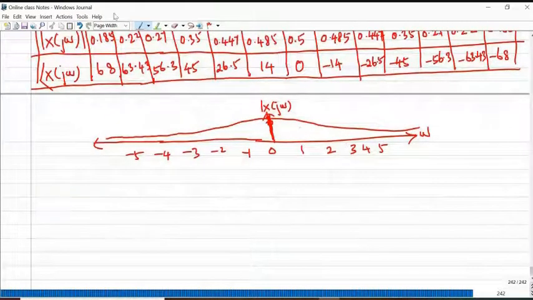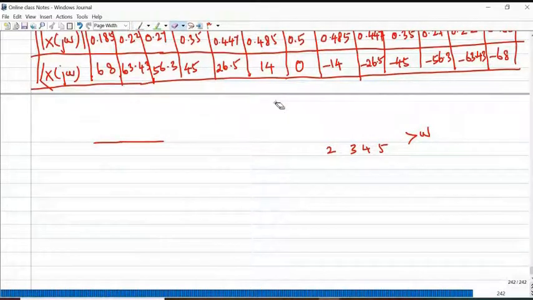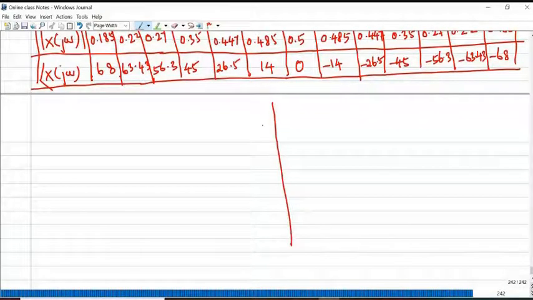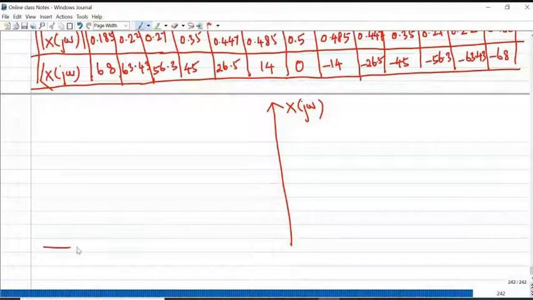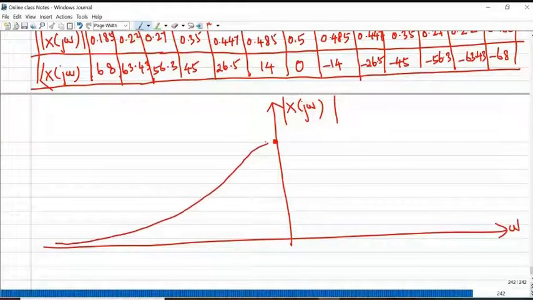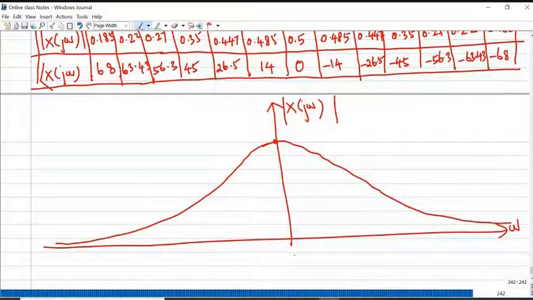If you mark the amplitude of X(j omega) for each and every value of omega, your magnitude spectrum for this particular signal will go like this.